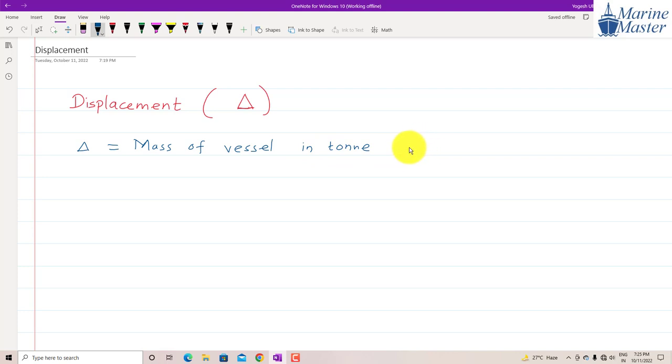Another meaning of displacement is the mass of water displaced. So for a floating vessel, always remember that whatever the mass of the vessel, the same amount of water is going to be displaced here. So here we have a displacement.